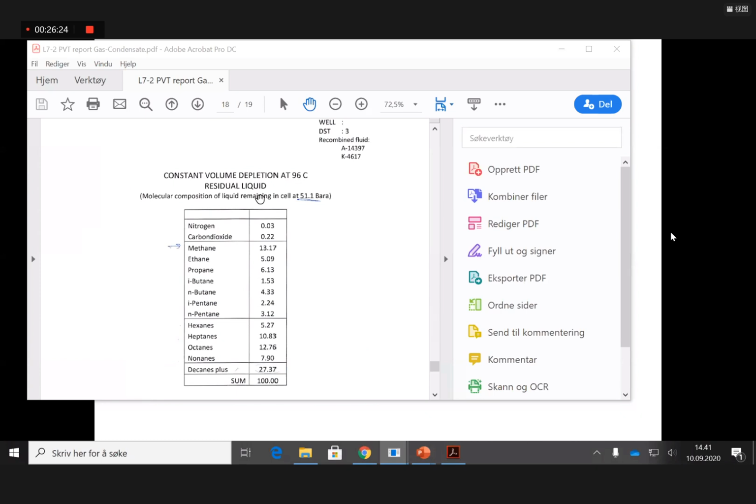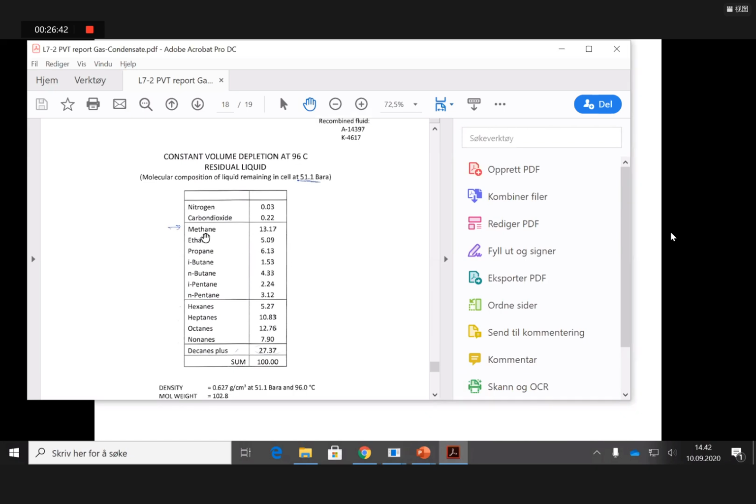And this is the constant volume depletion. Okay, so the residual liquid, that's the residual liquid in the PVT cell at 51.1 bar. So this is the liquid that is left in the PVT cell when we have reached 51.1 bar, that is the abandonment pressure for the system, where we are not able to produce it anymore if we are not introducing artificial lift.